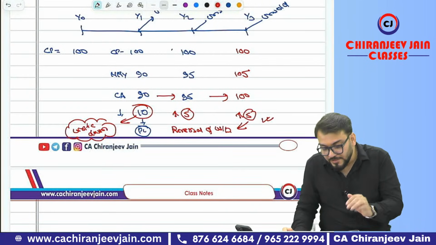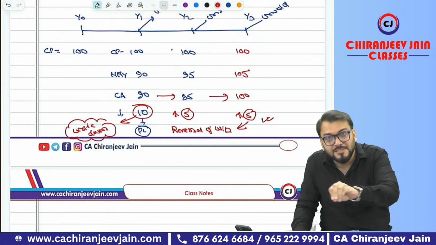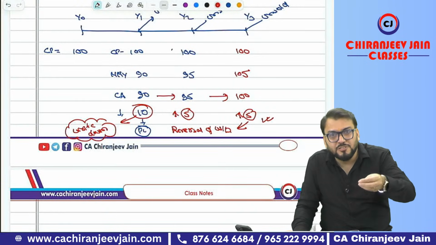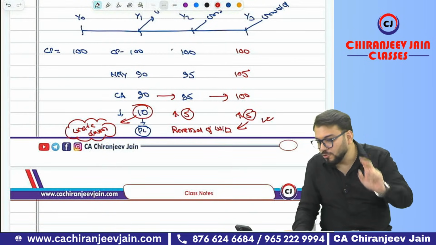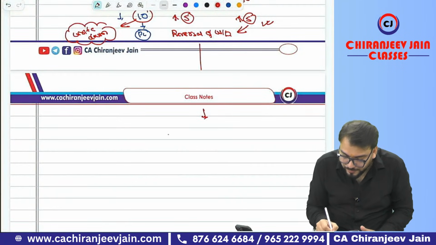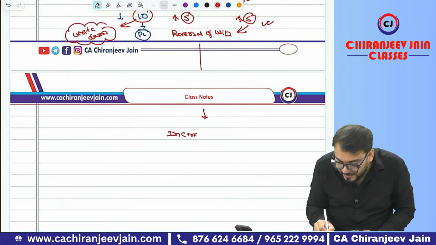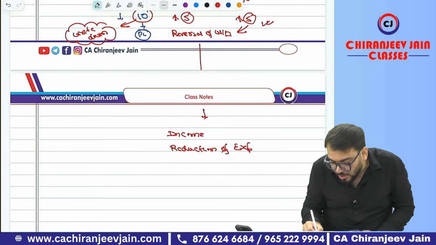You have two options. This reversal of previous write down will be shown as an income under the head other income, or it will be shown as a reduction of expense under inventory expense. So whatever is my question, it will be shown as income or reduction of expense in SOPL. What do you think?